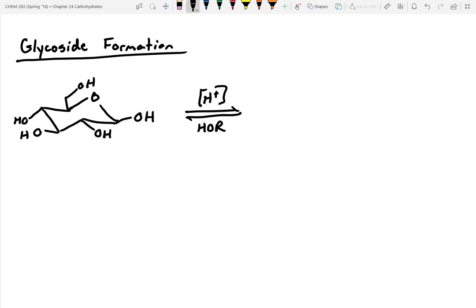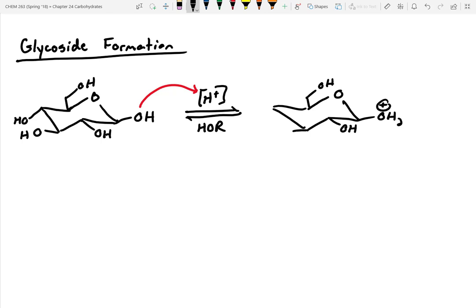If we think about it, we know we've got acid around. Acid-base chemistry is the fastest reaction in chemistry. So the first step, we're going to protonate that anomeric alcohol. And this is all under equilibrium conditions. Now, this is a good leaving group.